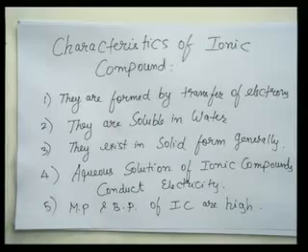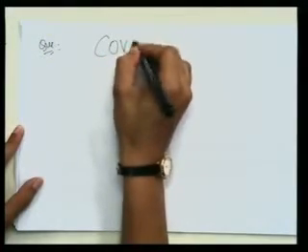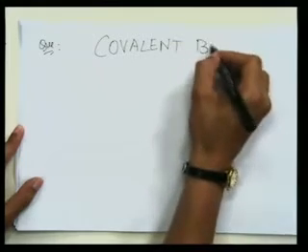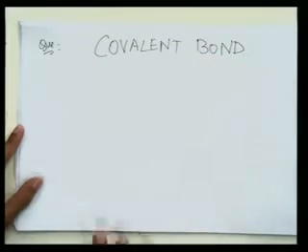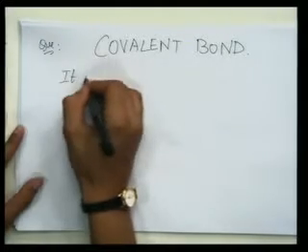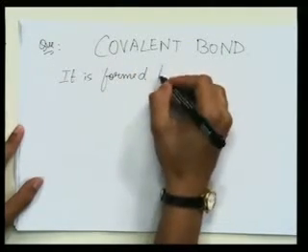Similarly, we can take up the another bond, that is your covalent bond. Now what is this covalent bond? Here, in case of covalent bond, it is formed by sharing of electron pair.